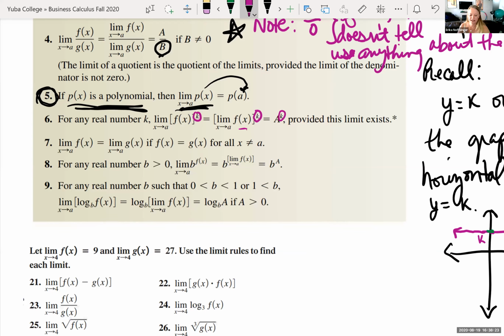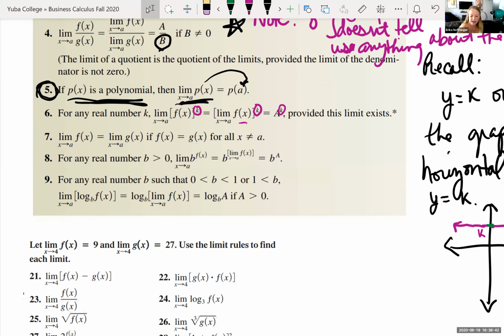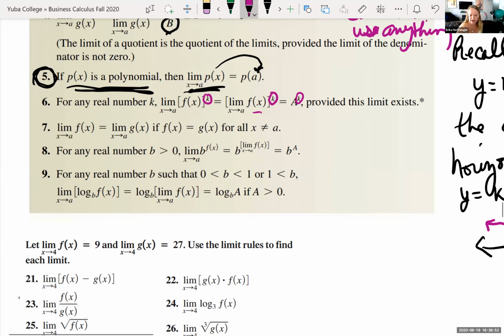If you have the limit as x approaches a of f of x equal to the limit as x approaches a of g of x, and your functions are the same except for maybe at x equals a, we can do the same thing with exponents. This is really more helpful if you were in the calculus class for STEM majors. You'll see more of the last ones. In this class, I don't think we're going to see that much of that.